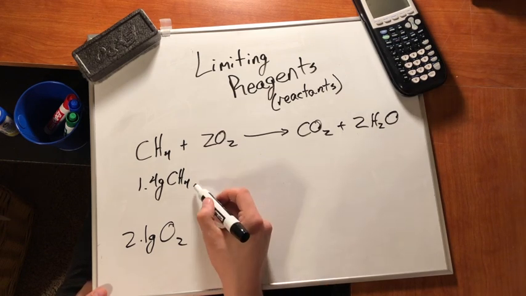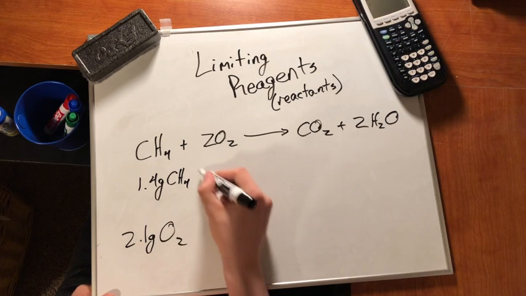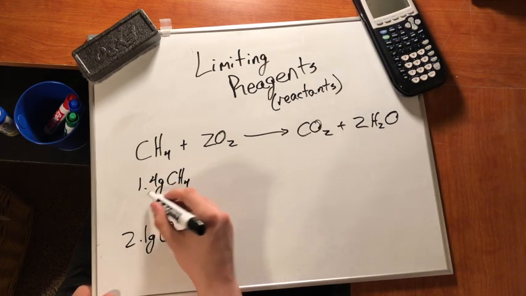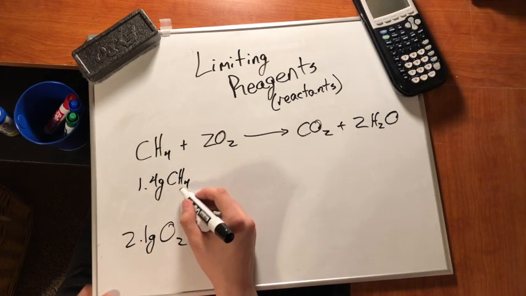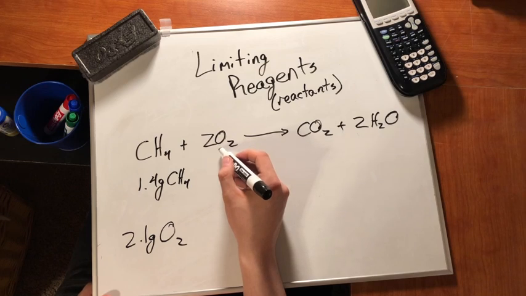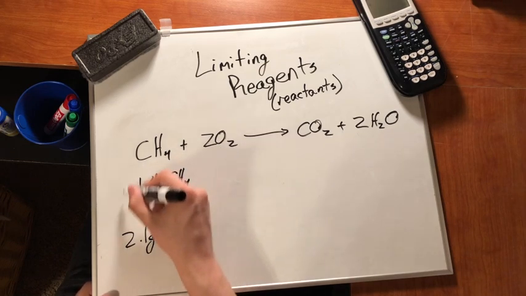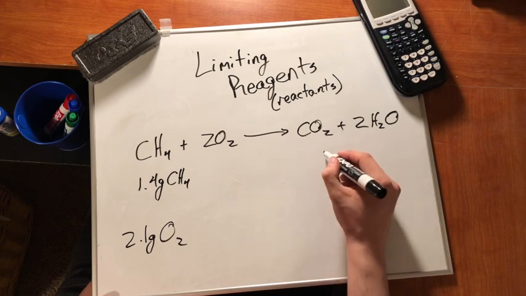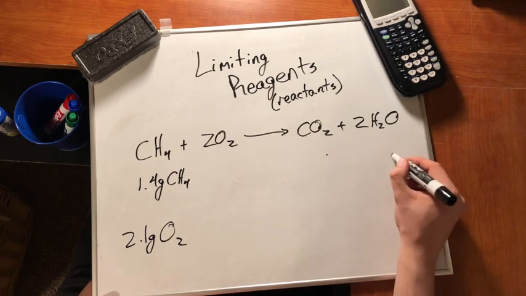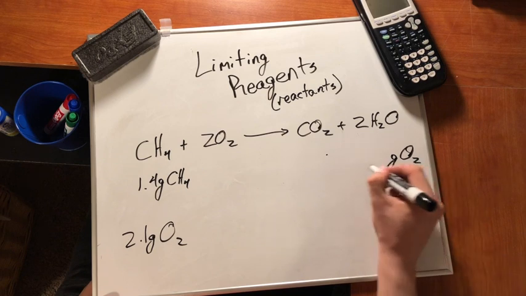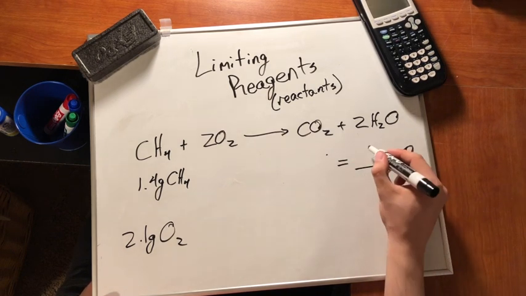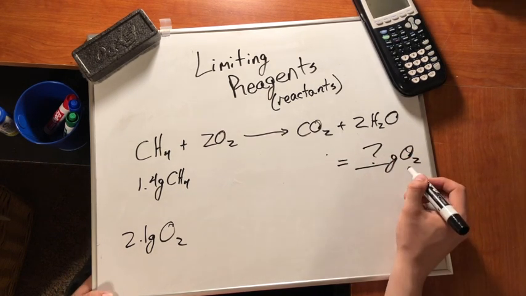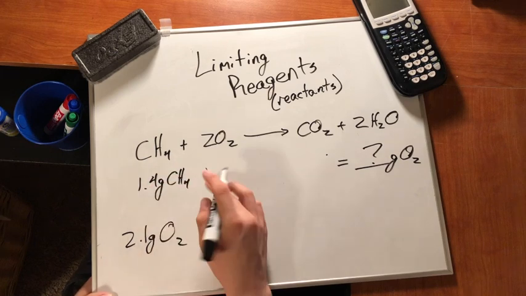What we want to figure out is, if I have 1.4 grams of methane, how much oxygen do I need in order to use all of this up? Eventually I want to get to grams of oxygen. How many grams of oxygen do I need to perfectly use up all of this methane?